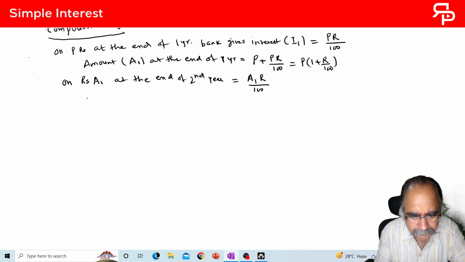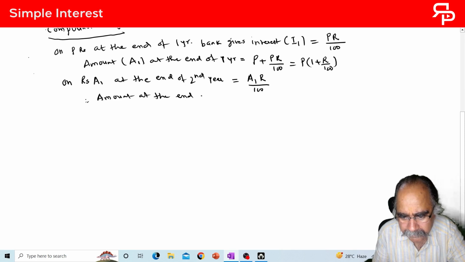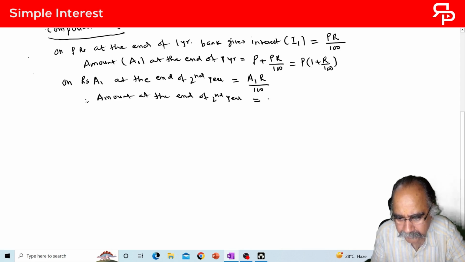Therefore, what amount will it become? Amount at the end of second year is equal to principal A1 plus interest, A1 into R upon 100.